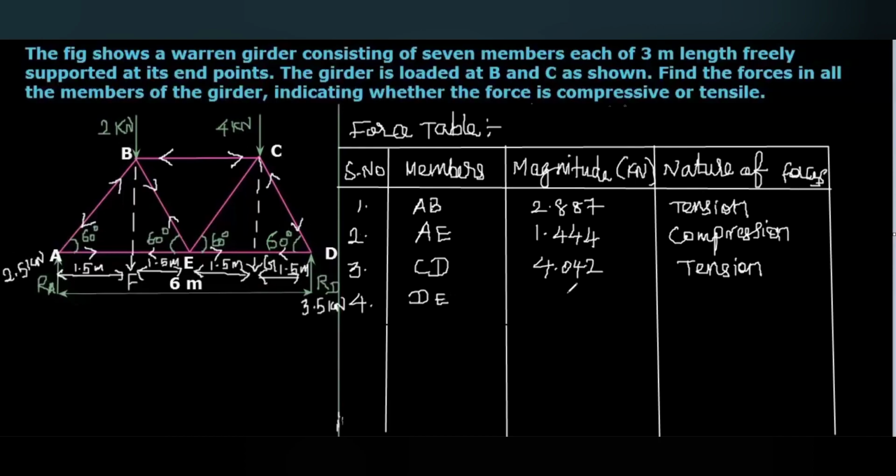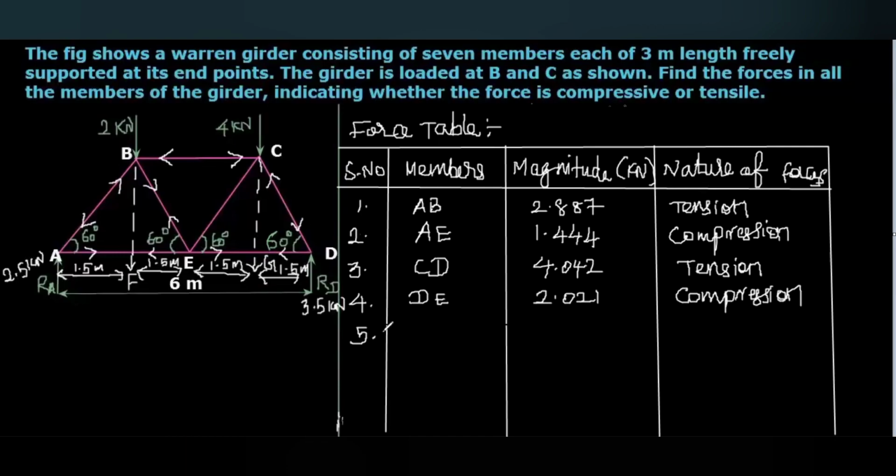And the magnitude of the force we calculated 2.021 kilonewton. And here you can see the DE that also tended to compress the body. So that will be compressive in nature. Okay. That also compression.